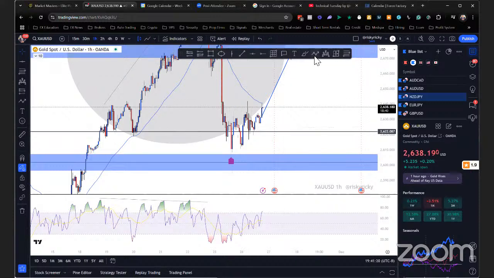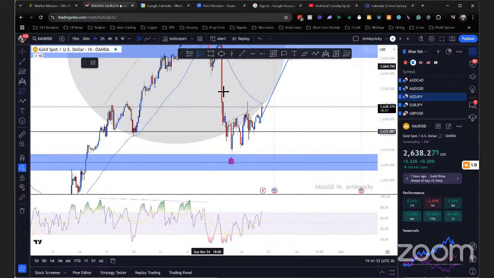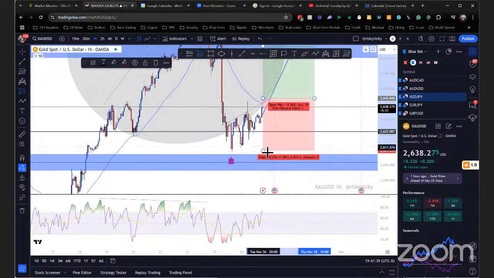Inverted head and shoulders there. Only thing is, the neckline on this is kind of meeting up with these highs right there. So I would say if price reaches above here, then that would be more of a good potential buy setup.